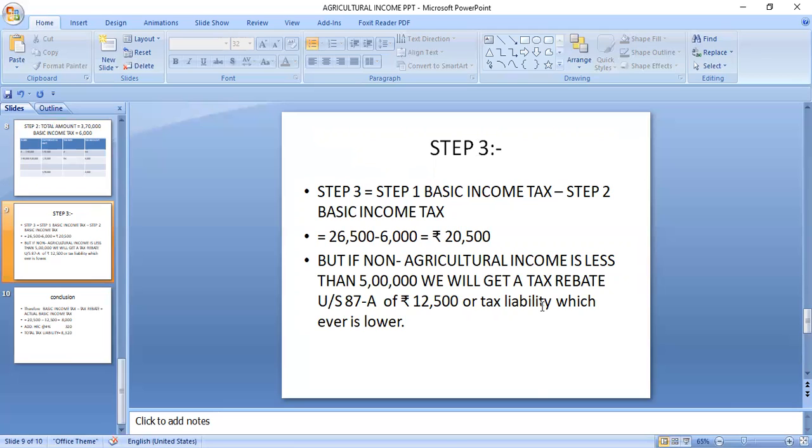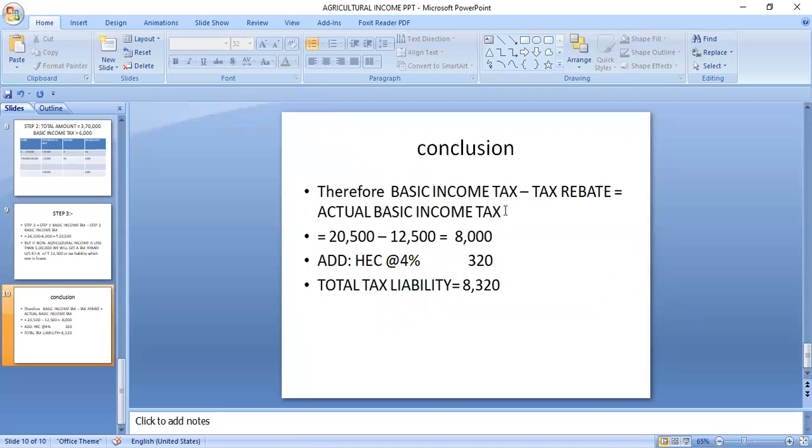Then how much do you get as tax rebate? This is the tax liability, 20,500. And what is the tax rebate? 12,500, which is lower, 12,500. So in the final conclusion, you have to deduct the tax rebate from basic income tax to get the actual basic income tax.